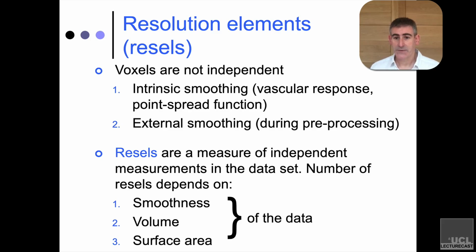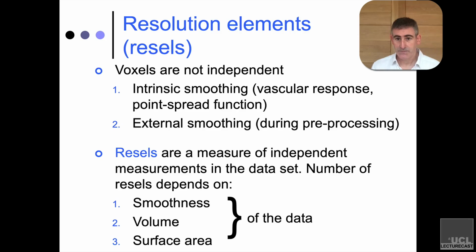If you have two voxels that are next to each other, they're probably both being fed by the majority of the same blood supply. They're probably both involved in some of the computations at the same time. I mean, the tissue that's adjacent to one another tends to be related to one another. So there are various reasons why the voxels aren't all independent. There's a relationship between nearby voxels.